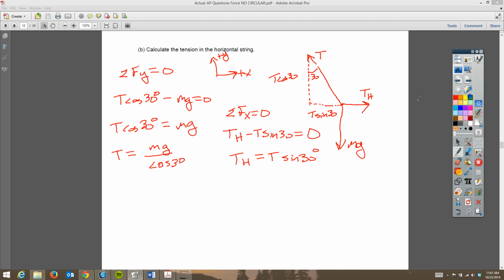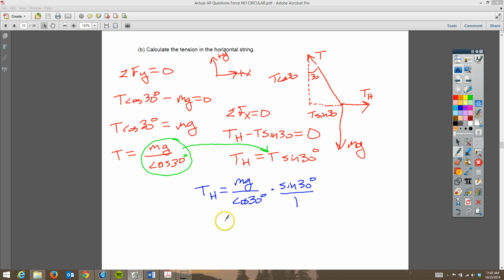If we know that this side is mg over cosine of 30 degrees, we can substitute that in for this T, and then we're able to solve for what we want. So let's go ahead and do that. We'll change colors here. So the tension in the horizontal string is equal to, well, we said that's mg over cosine of 30 degrees, and then we're going to multiply that times the sine of 30 degrees over 1.